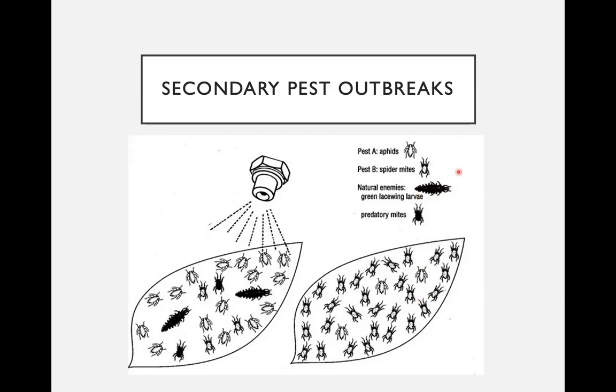We're hurting everybody because it's wide spectrum. And because we've accidentally killed the natural enemies, we now have aphids that are reproducing without their predator and spider mites that were not originally an issue, but now they have the capability of thriving without their natural enemy. Then they're going to cause secondary pest outbreaks.